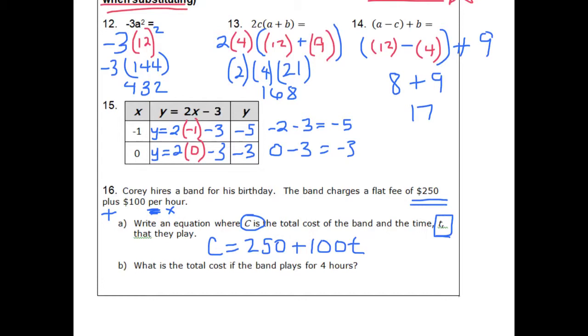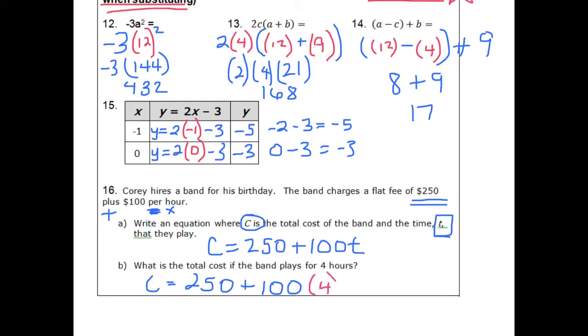Now let's evaluate what if the band is going to play for 4 hours. What's it going to cost us if the band plays for 4 hours? So our cost is going to equal $250, that happens every time, plus $100 per hour. But now what are we going to substitute in for our time?